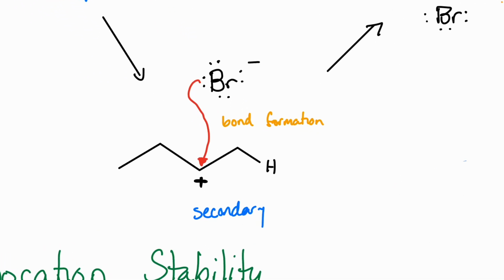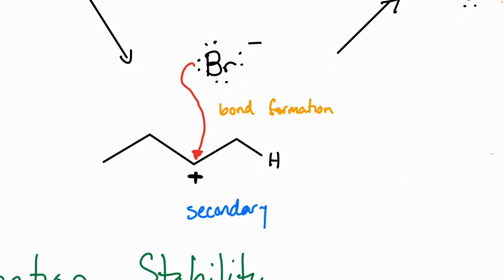But then let's look at our second step here. First of all, what should be glowing red hot in this second step? That bromine, because now it's a bromide ion. It's got an extra pair of electrons. One thing that definitely makes a nucleophile is having this net negative charge associated with it. That's a lot of electron density. And is anything glowing blue here? That carbocation, because now that carbocation is relatively electron deficient.